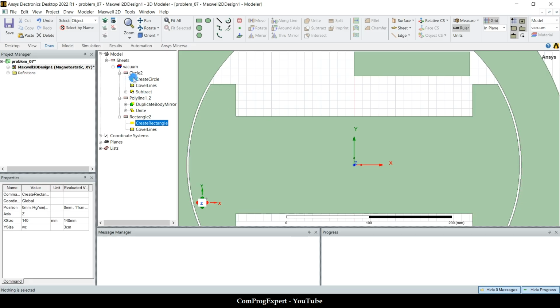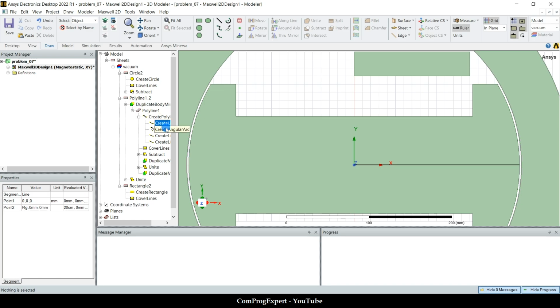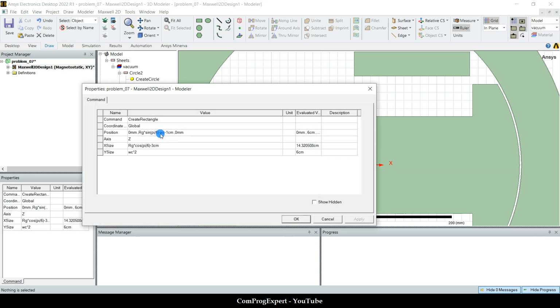Okay, so for this rectangle that we created, these are dimensions. You can find the dimensions from the history of this subtraction. This is this one minus width of the coil minus 1 centimeter. So we can use this one just plus 1 centimeter.